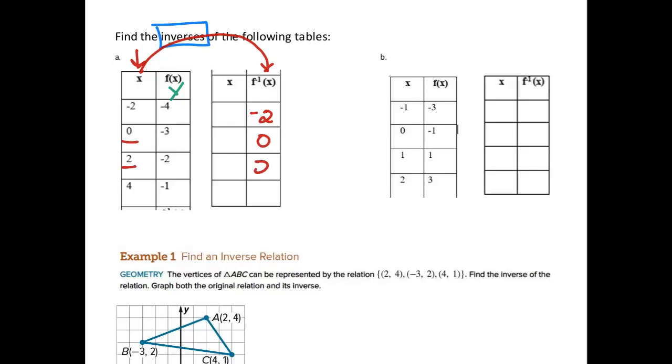Then we have 2. And then we have 4. And then everything that was the f of x value, which is your y value, literally becomes your x value. So this is -4, -3, -2, and -1.